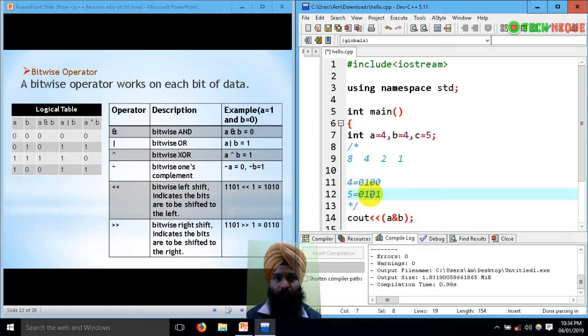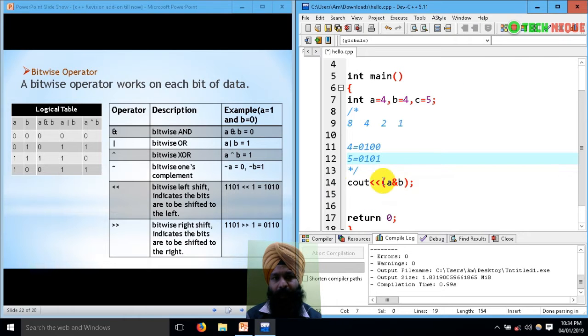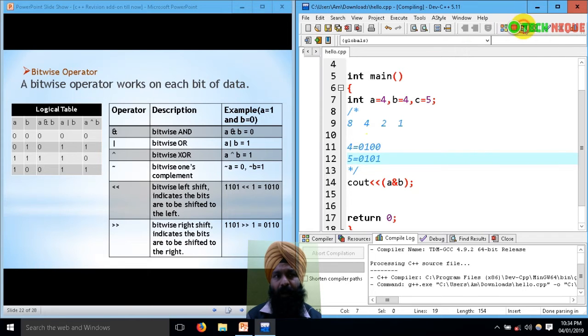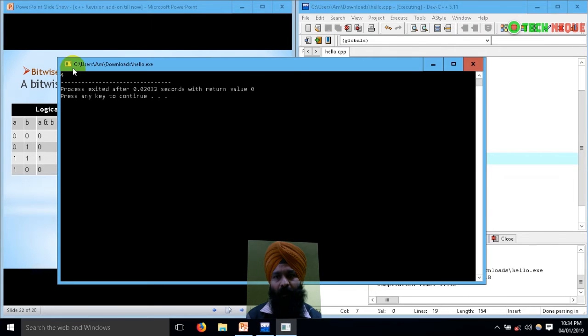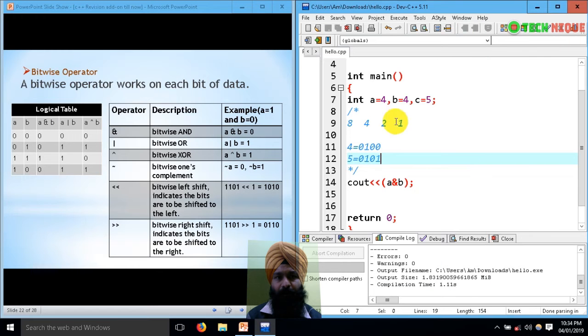Now if I do A and B, AND means both are true, so I'm ANDing 4 with 4, the corresponding bits are ANDed, and I will have the same output on the screen.